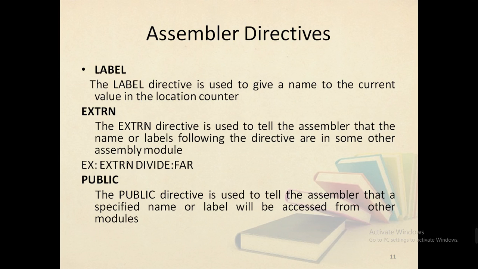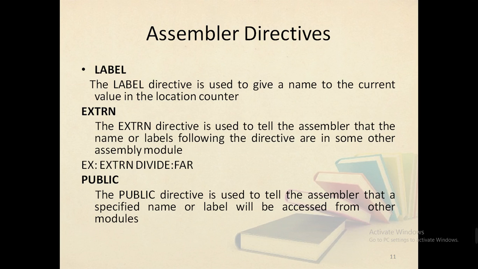Coming to the next assembler directive, PUBLIC. Large programs are usually written as several separate modules. Each module is individually assembled, tested and debugged. When all the modules are working correctly, their object code files are linked together to form a complete program.